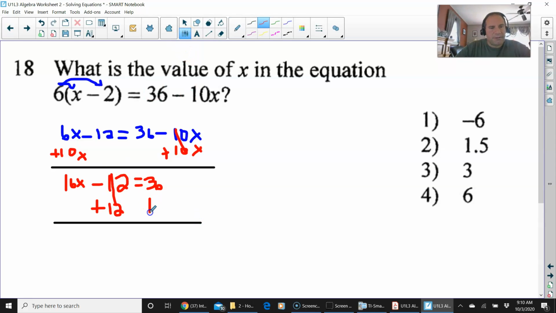This cancels. You add 12. What you do on one side of the equation, you have to do on the other. And that equals 48. 36 plus 12. You divide by 16, which is the number next to the variable, and you have x equals 3.